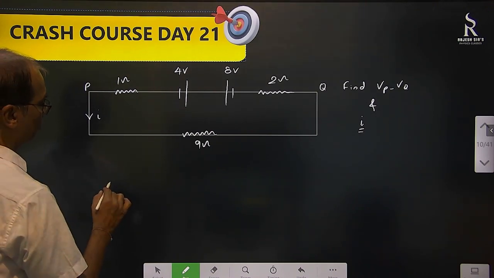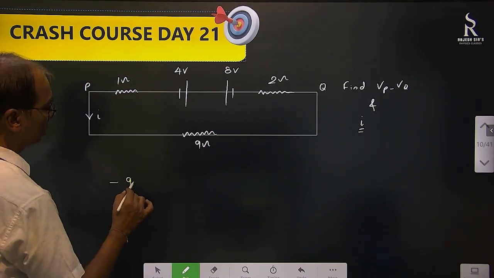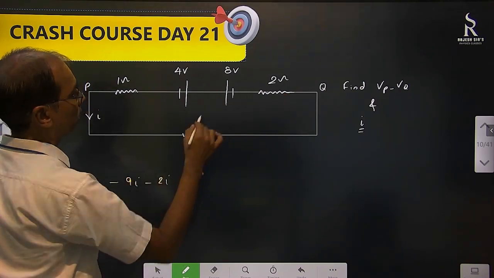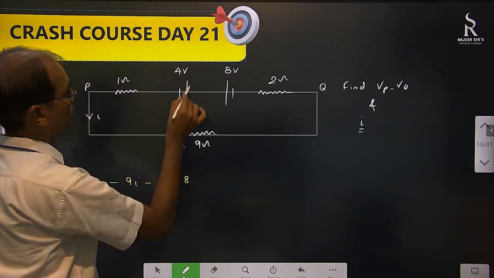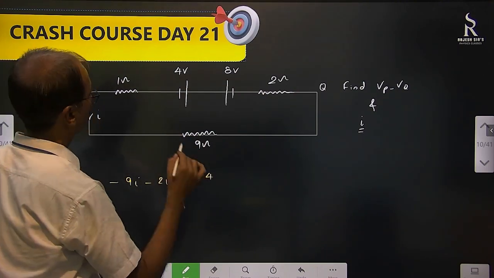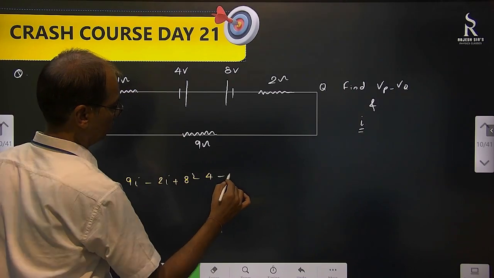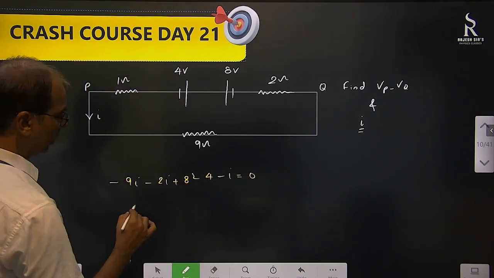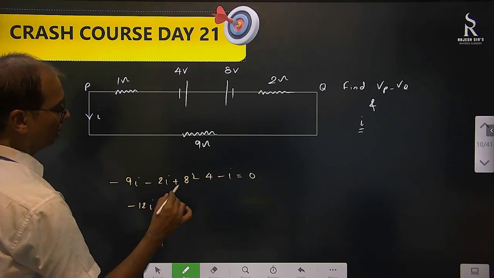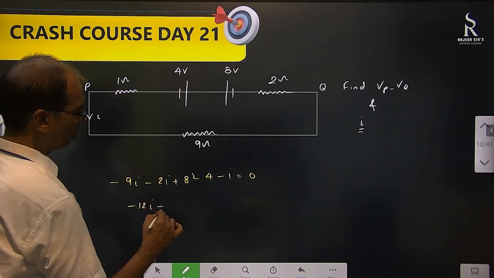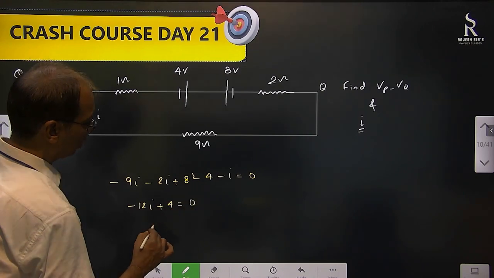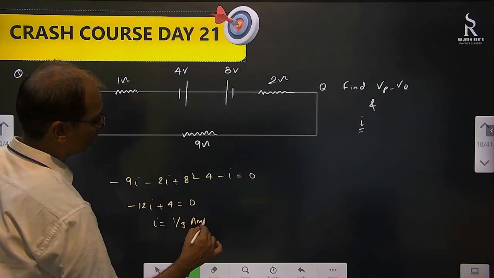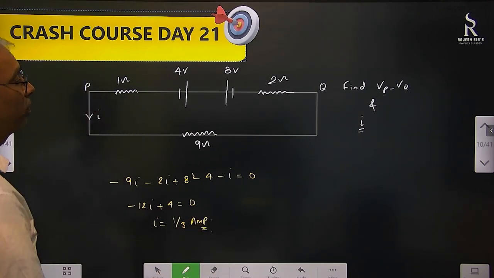So minus 9I minus 2I plus 8 minus 4 minus I equal to 0. Minus 12I and 8 minus 4, plus 4 equal to 0. So I appears to be 4 by 12, that is 1 by 3 ampere, and positive, that means we have taken the correct direction.